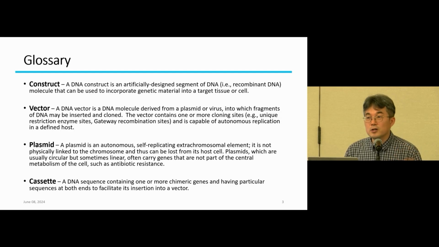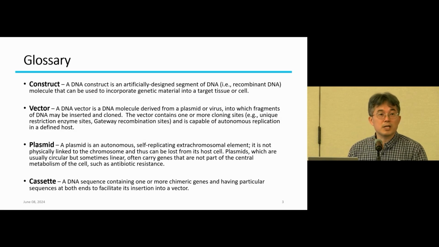A plasmid is usually a circular, autonomous replicon that exists in many bacteria. They can carry antibiotic resistance genes, and also have an origin of replication so that they can replicate without any other restrictions.